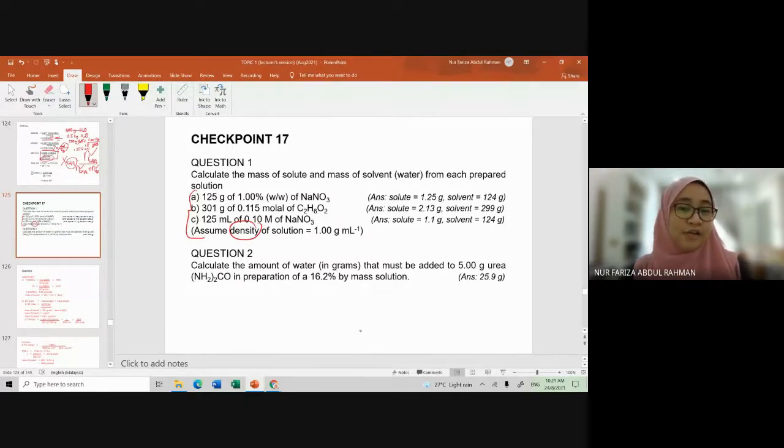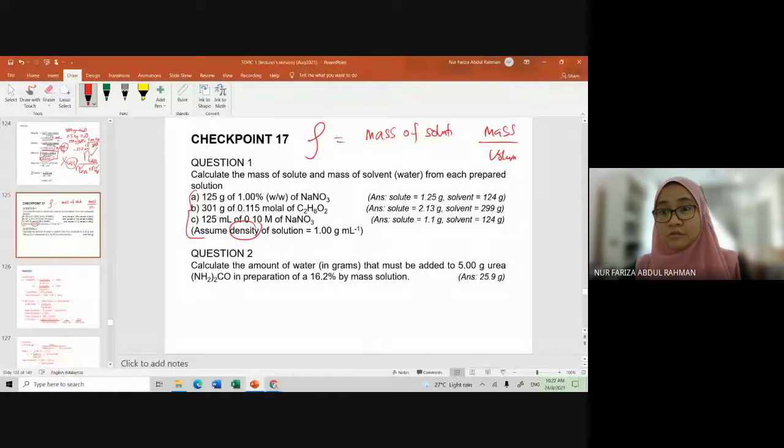Please take note, the formula of density is equal to mass of solution, not mass of solute. It can be mass of solute, it can be mass of solvent, but in this case we are referring to the mass of the solution because we are describing the solution. Previously you may have known density as mass over volume.